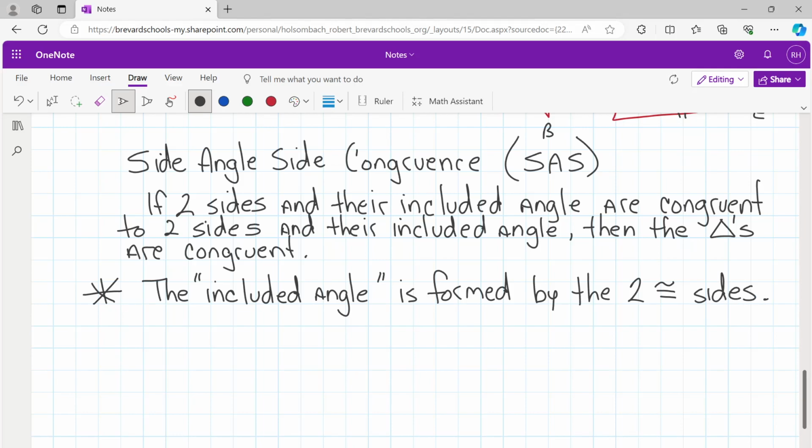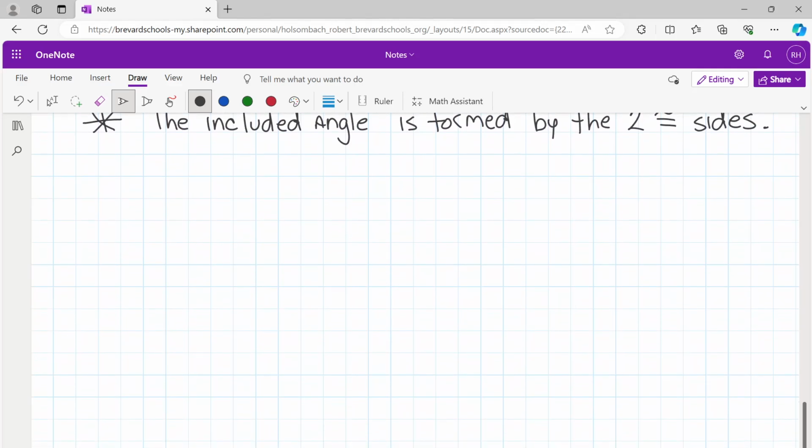The included angle is formed by the two congruent sides. So if you're asked, are the triangles congruent?